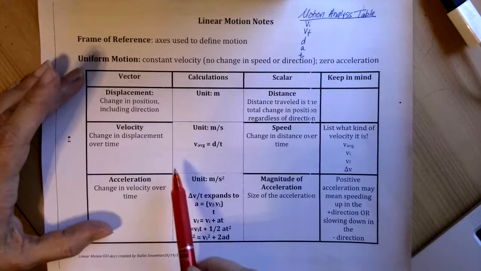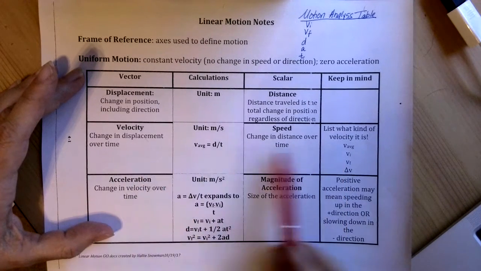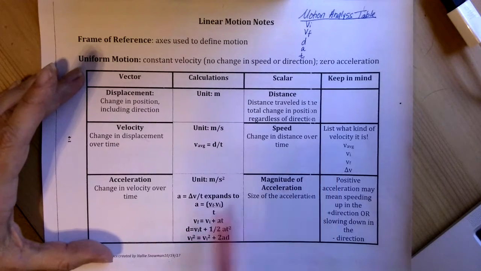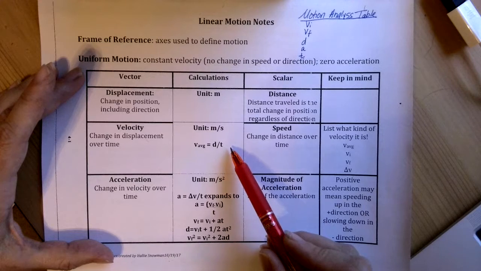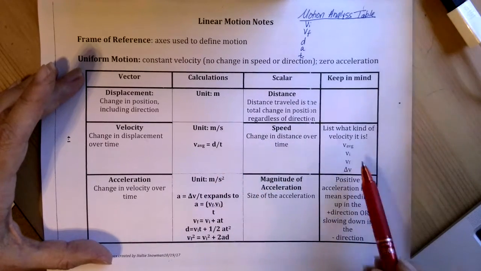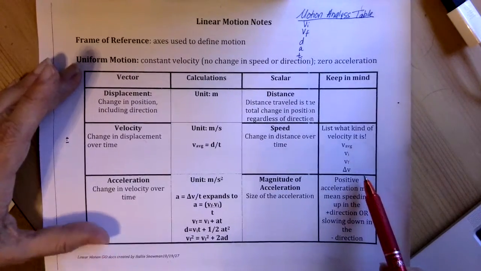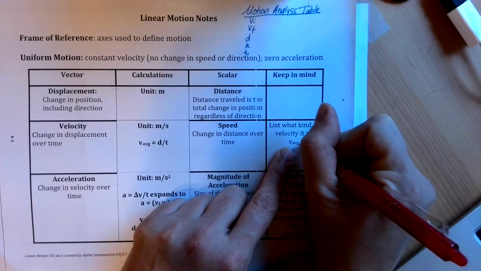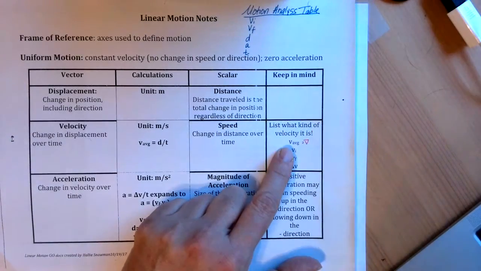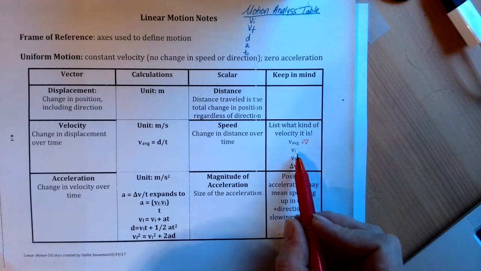If you determine that the object is moving with uniform motion, this is the formula you're going to use. But if it's accelerated motion, this is a very dangerous formula to use. Whenever we talk about speed or velocity, you have to distinguish between the different kinds. We have average, which on your reference tables is represented with V bar. We have the initial velocity, which is the velocity at the beginning of the problem, and you decide where that is.